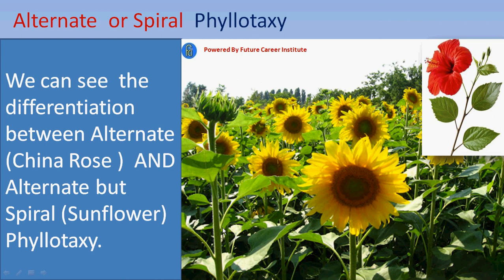However, in sunflower, you can see an almost similar thing happening. One leaf arising from one node. But in this case, they are not facing one direction. They are forming a spiral pattern just like a spring. Hence, the name spiral phyllotaxy, or some people call it alternate but spiral phyllotaxy.